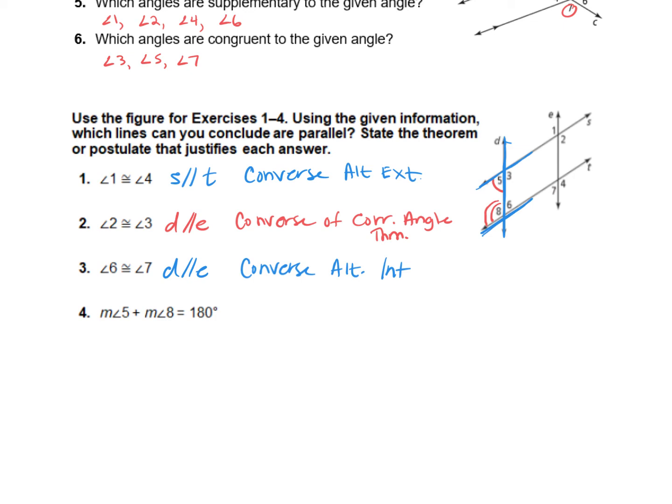So I think that S is parallel to T. Which angle pair is that? Those are interior. They're on the inside of our parallel lines and the same side of our transversal. Remember, same side interior angles are supplementary when you have parallel lines. So if you're given that those angles are supplementary first, then by the converse of same side interior angles, we can conclude that S is parallel to T.